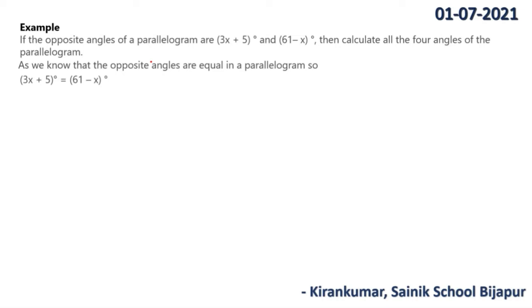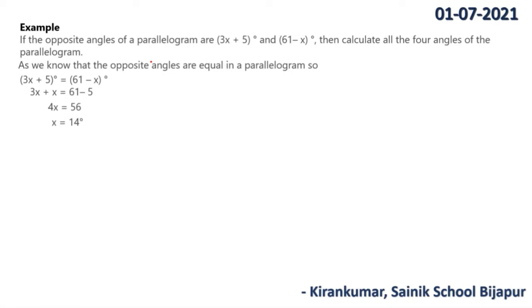How do we solve this equation? We have to write variables to one side. We have 3x, which is equal to the numbers written on the other side, 61 minus 5. 5 is transposed, it becomes negative 5. Negative x on transposing becomes positive x. So on simplifying, we get the value of x as 14 degrees.